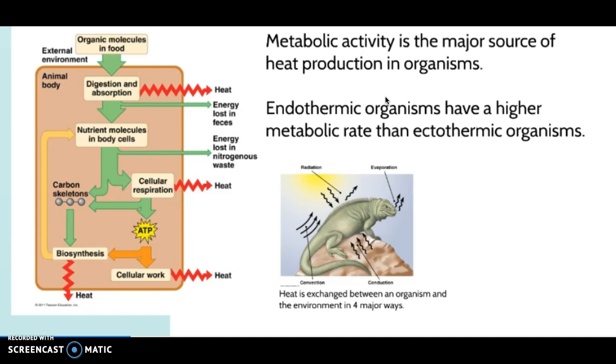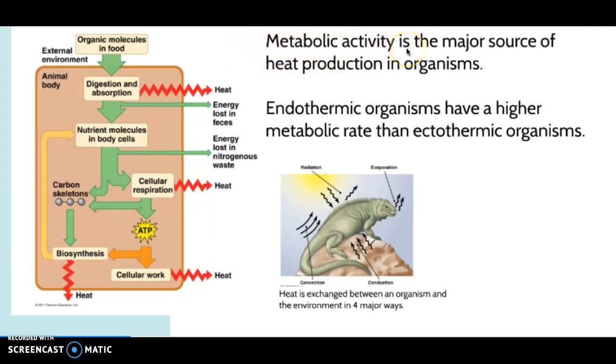Here are some examples of how an animal, whether it's an endotherm or an ectotherm, can produce at least a little bit of body heat. So even for cold-blooded animals, they still produce a little bit of body heat, but not a whole lot, not enough to keep the body temperature the same at all times. And the key here is called metabolic activity.